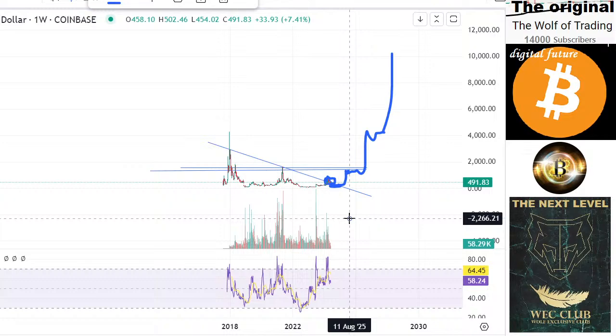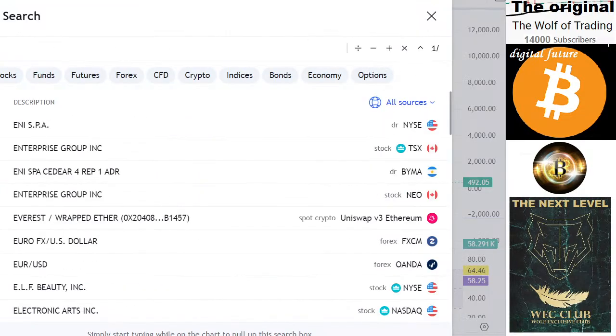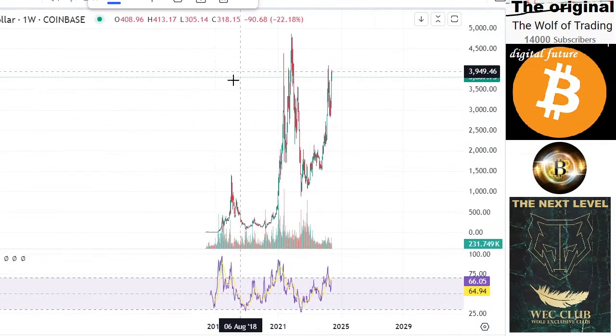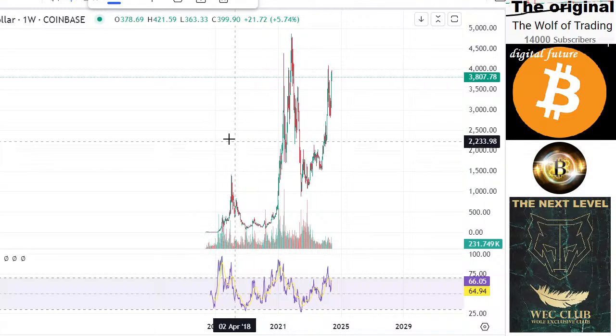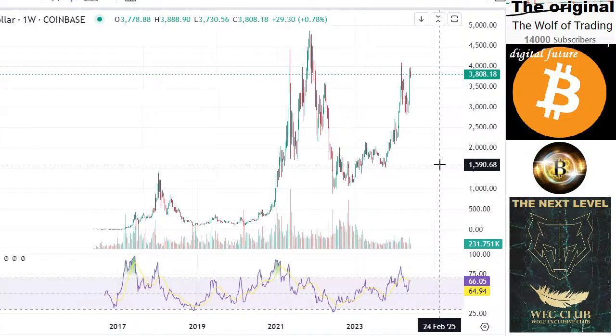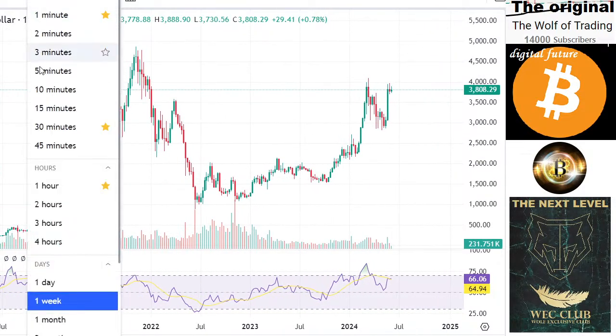Very, very interesting. Let's look at Ethereum if you want. You can write this also in the comment field, which crypto you wish, and we can look. So we're looking here at Ethereum. You can see the price is going here to 3,800.